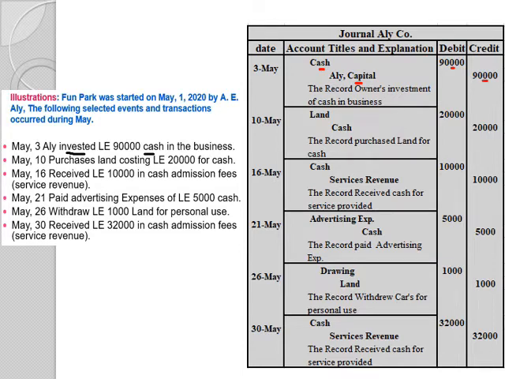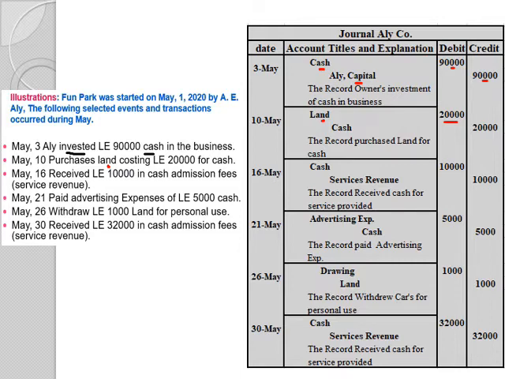Transaction number 2, May 10, purchases land costing £20,000 for cash. Purchases land, fixed assets, assets, normal balance debit, increase, recorded in the debit side and £20,000 in the debit column.